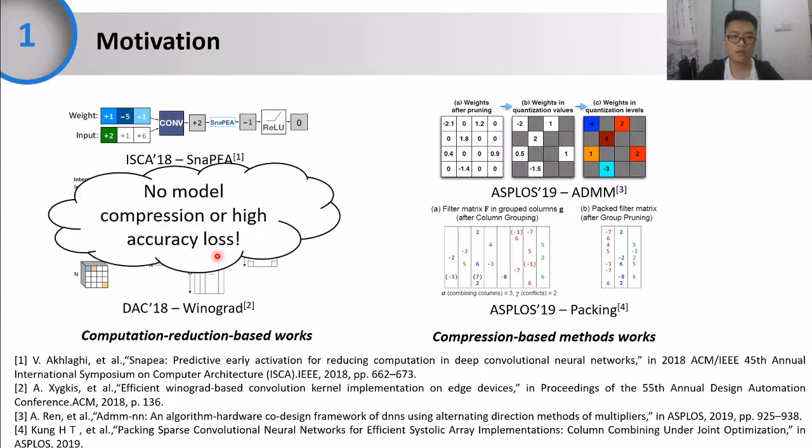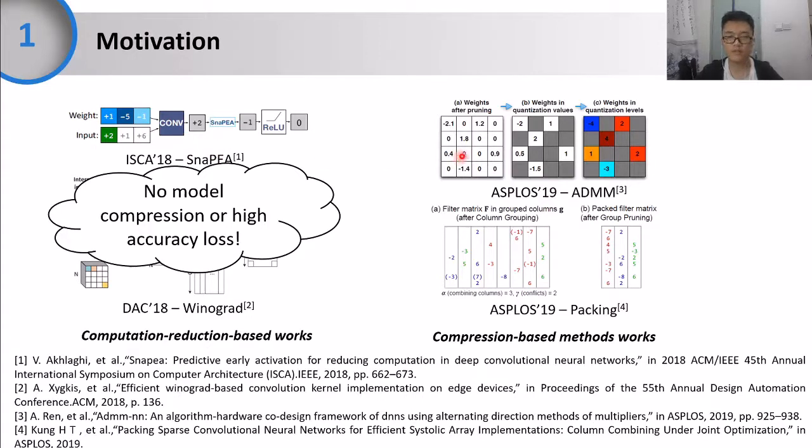However, the model compression is not considered in these methods, namely the parameters are just kept the same. Also, some methods like the prediction-based works may sacrifice accuracy.